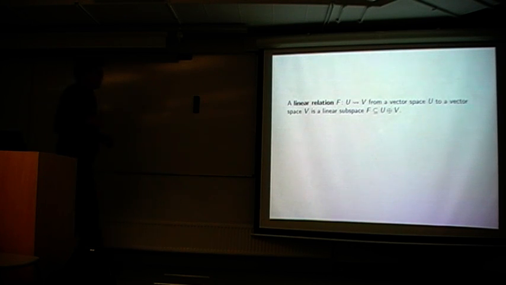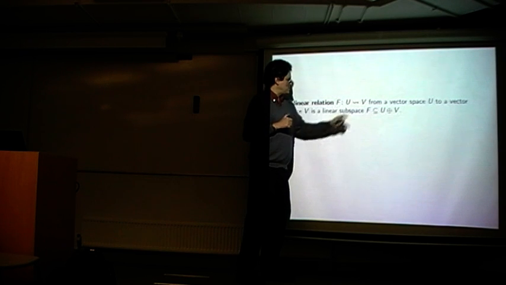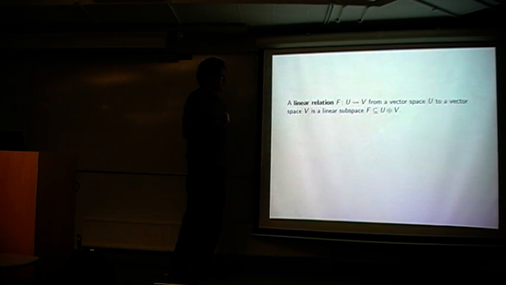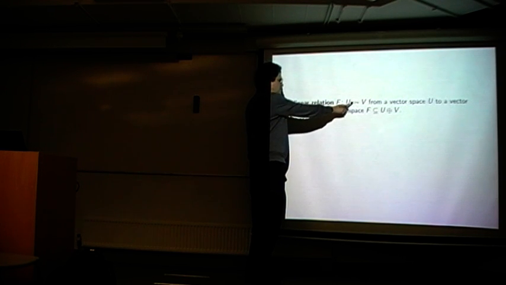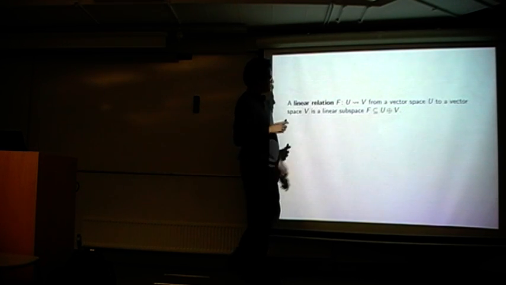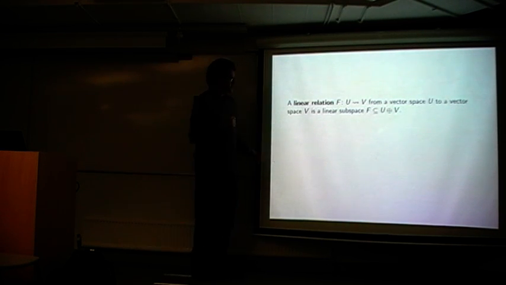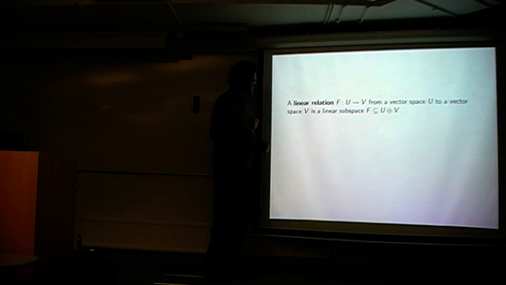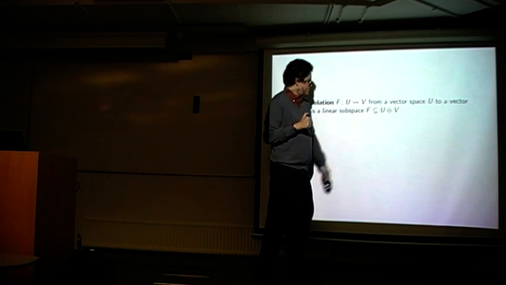Well, it's a very simple thing. It goes from a vector space to another vector space, but because it's not a function, I need to give it some other weirder-shaped arrow so you don't get mixed up. So I'll give it a wiggly arrow, so it's a little dodgy. A linear relation from a vector space to another vector space is just a linear or vector subspace of their direct sum.